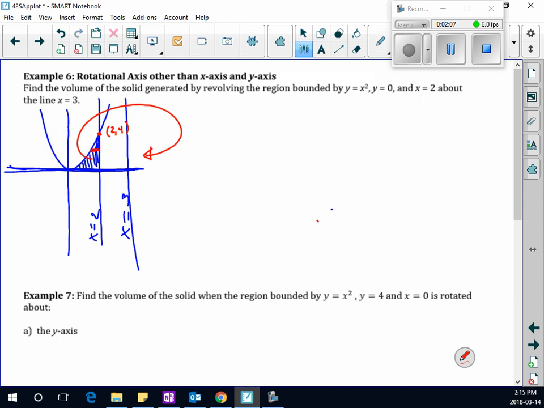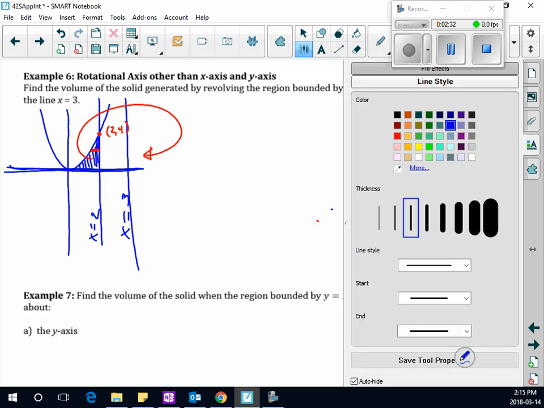So we need to figure out, if we're going to stack this washer, what is the outside and what is the inside. In the past we've been using the y-axis and we've been looking further out. But what you need to do is figure out what the radius is from the x equals 3.